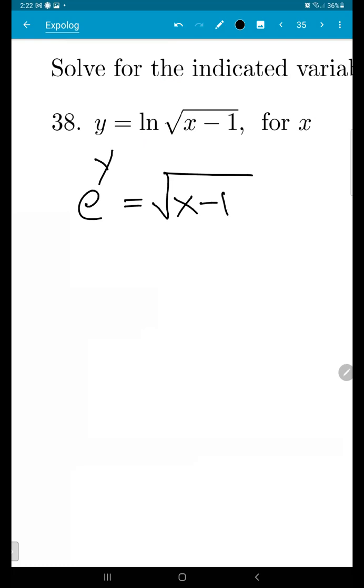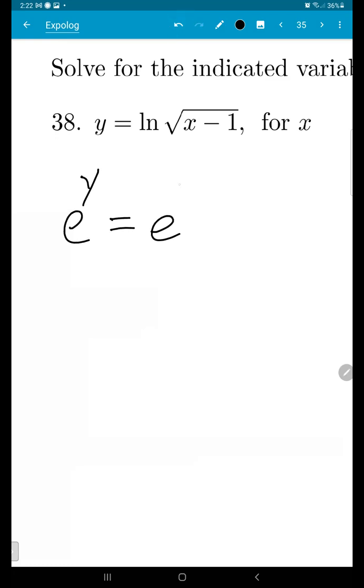Okay, that's one way. Or some students prefer to do it this way. Since they are equal, then if I raise e to both, then the results are also equal. Since y equals this, these two are equal. And then we know that e and ln cancel out. I mean, they are inverses.